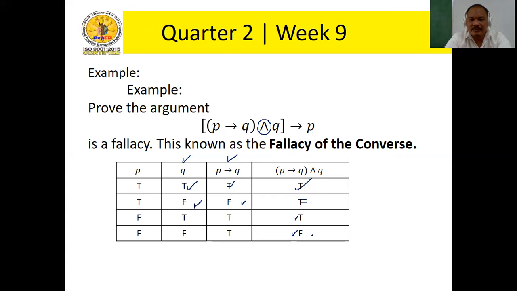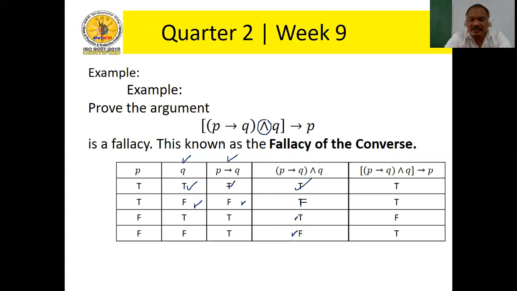Next, we have the last column, which is a combination of the two. So we have this one going to P. So this will become your hypothesis and this will become your conclusion. Okay.